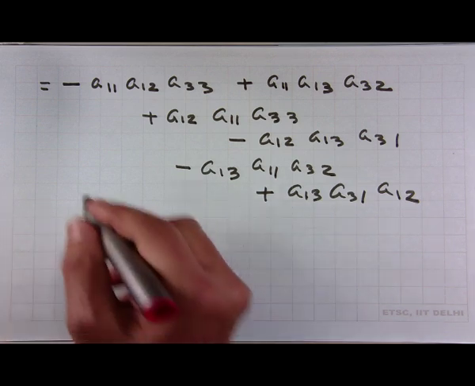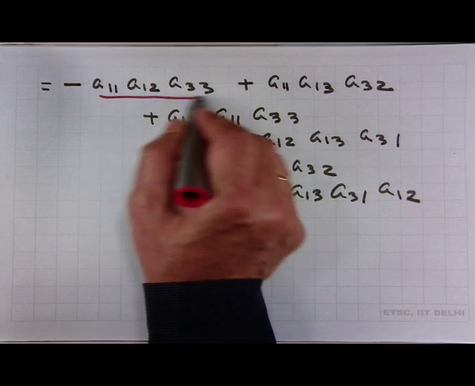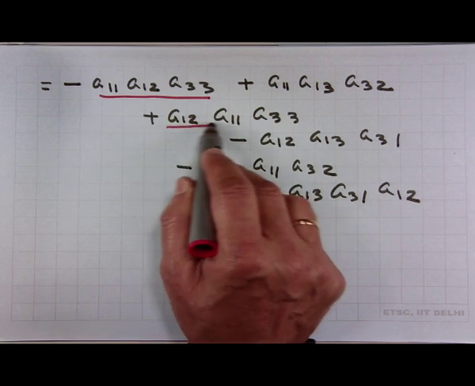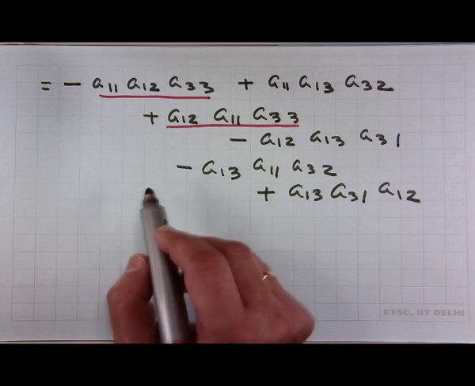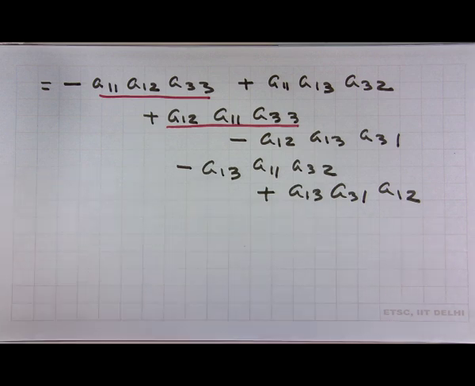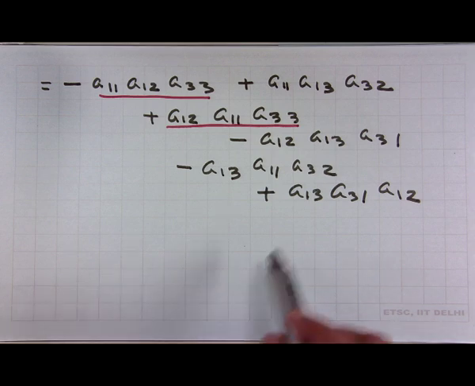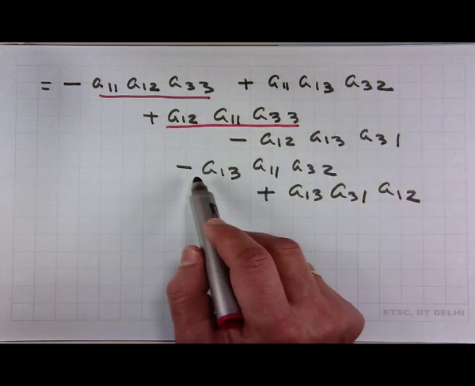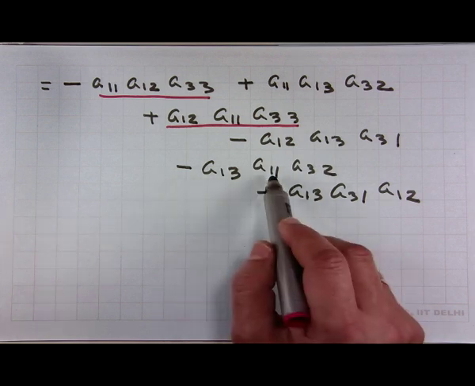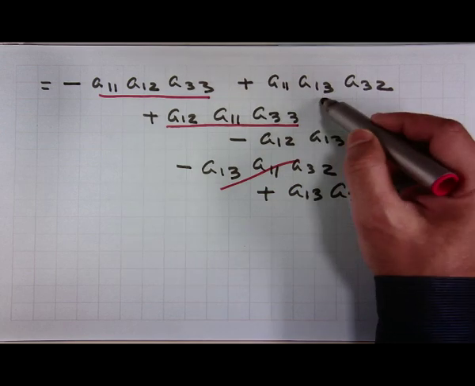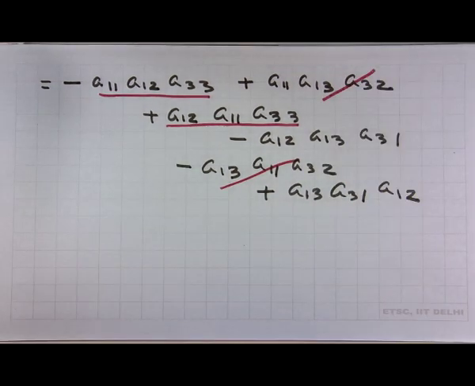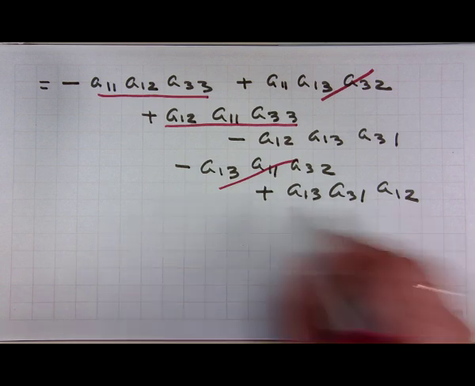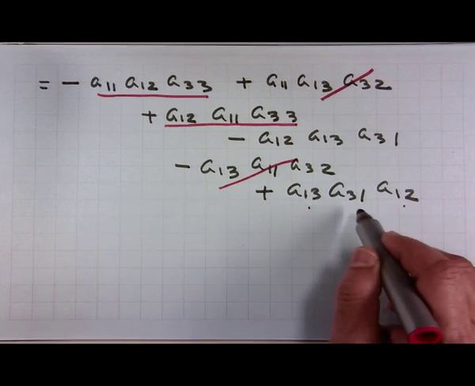Now, let us look at the terms. We find that minus a11, a12, a33, and this is plus a12, a11, a33. Therefore, they cancel each other. This is a11, a13, a32, and this is minus a13, a11, a32. Therefore, they also cancel each other. This is minus a12, a13, a31 is equal to plus a13, a31, a12.